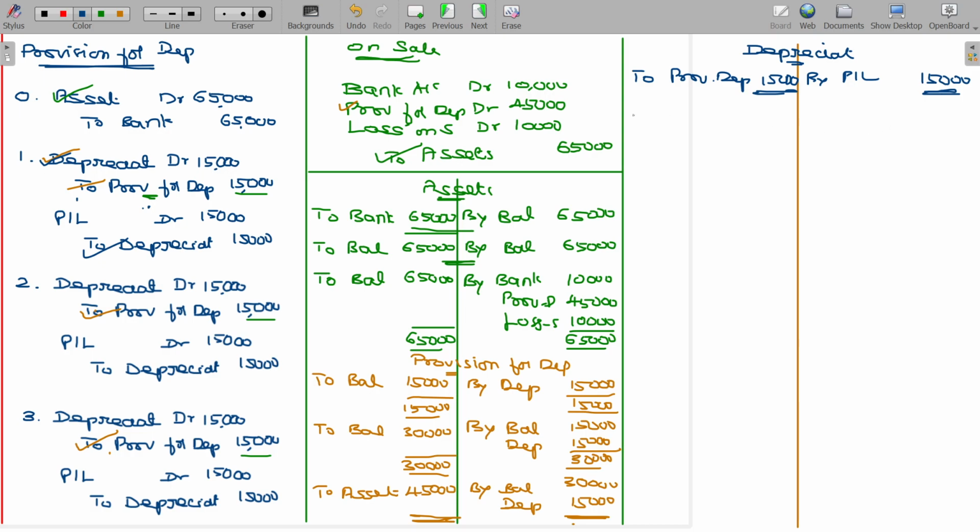It's going to be transferred to provision for depreciation 15,000, by P&L account 15,000. Repeat this. To provision for depreciation 15,000, by P&L account 15,000.